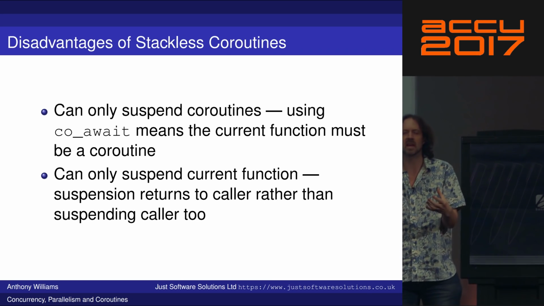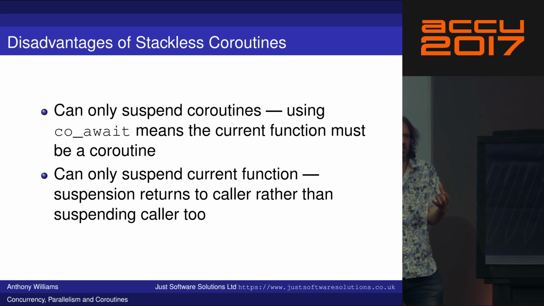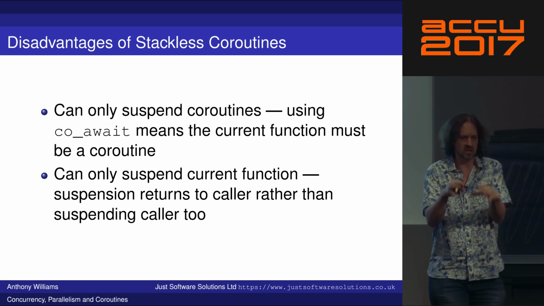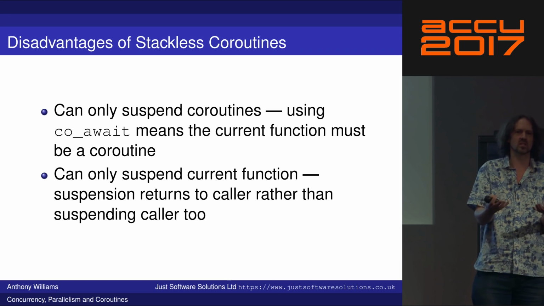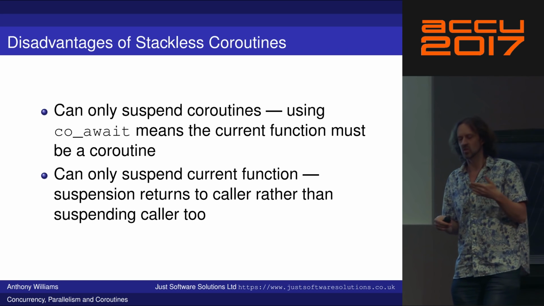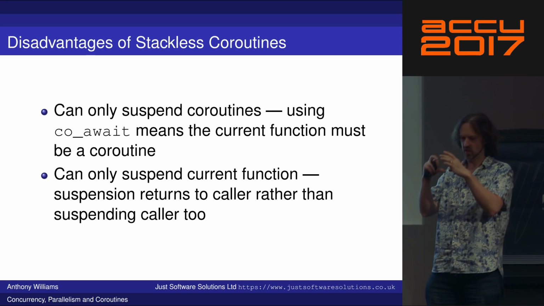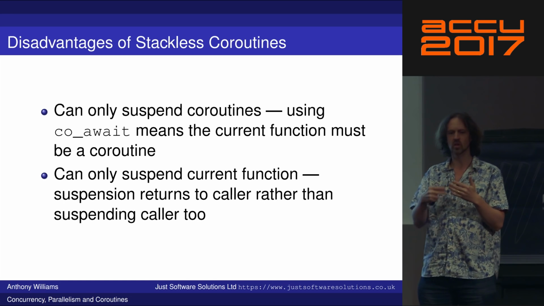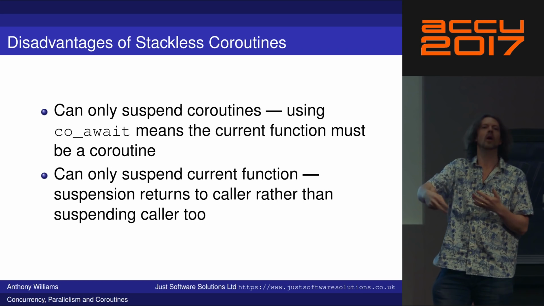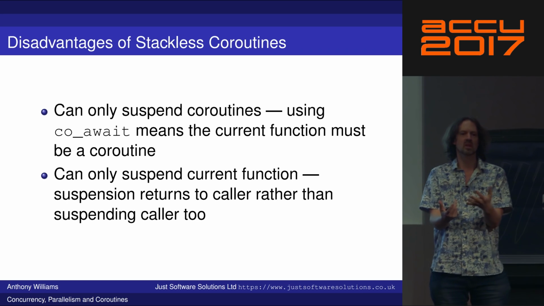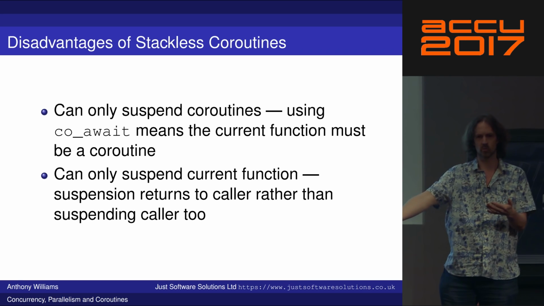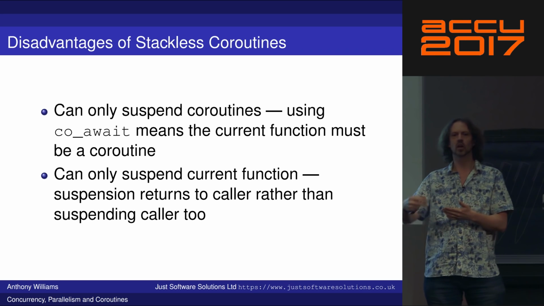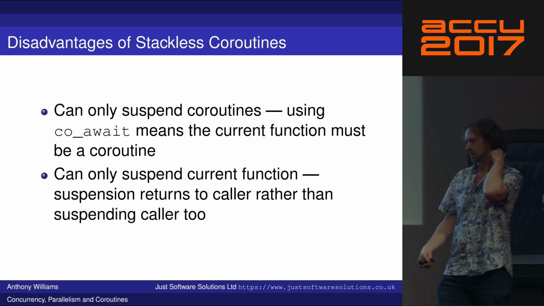You can only suspend the local state. You can't suspend the whole call stack, because that's what we said: it's not stackful, it's local. So you suspend just the local coroutine. If your algorithm has helper functions, you can't suspend within a helper function without making it coroutines all the way down.